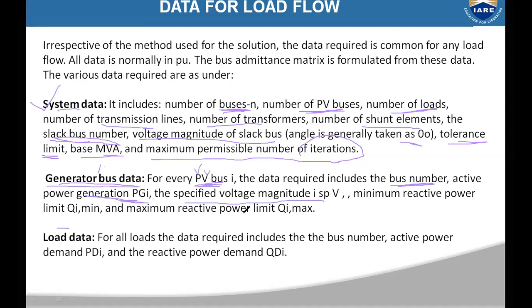Along with this, the reactive power limits Q minimum and Q maximum should also be known. Okay. So for the generator bus, PV along with Q minimum and Q maximum you should know.